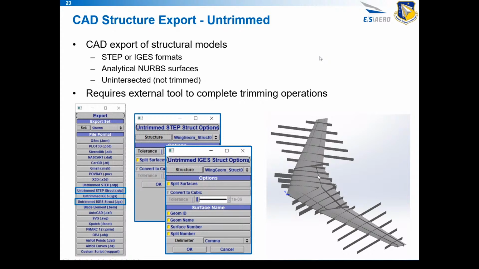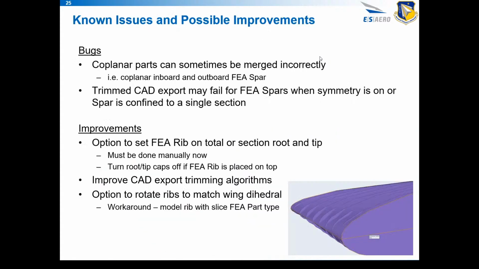And if you have it limited to a certain wing section, it'll be slightly oversized into the next section. When we triangulate it, we just get rid of those triangles that are outside of that. But this leads to problems when we're doing trimmed CAD exports where we're not really throwing away those surfaces correctly. So that's something to be aware of. It'll work really well if you have symmetry turned off and if you just have your spar not confined to a certain section. So just some things to note, but we'll be working on improving those.